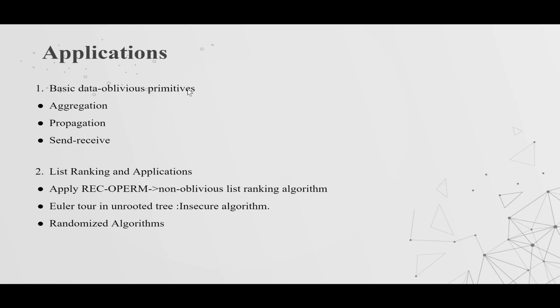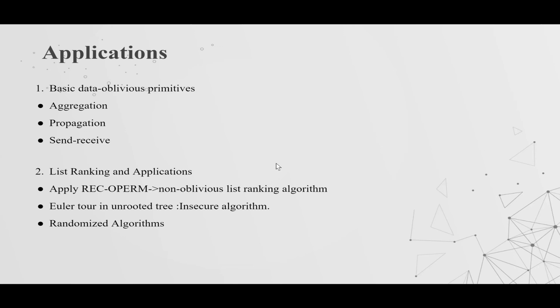First are basic data-oblivious primitives. Aggregation and propagation in sorted arrays are primitives used by the authors in simulations. The third primitive used is send-receive, and it can be performed obliviously with a constant number of sorts and scans, and therefore achieves a sort bound.